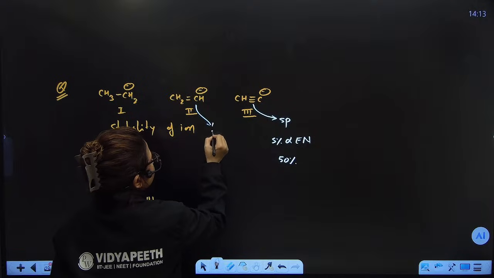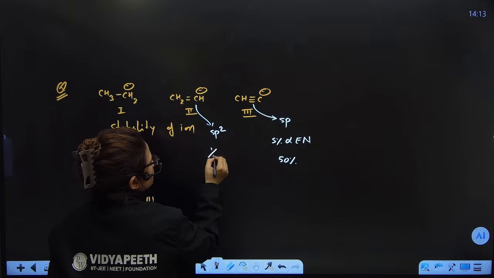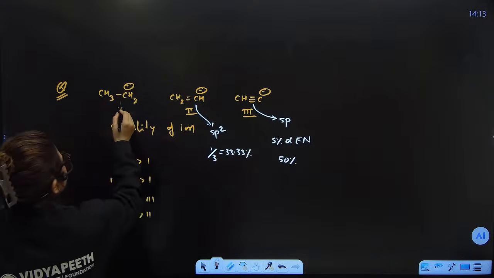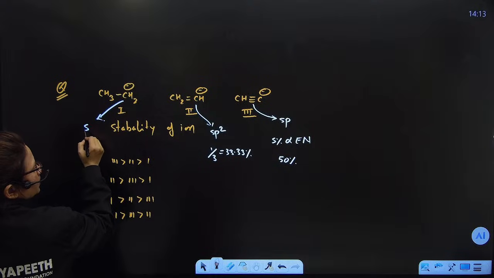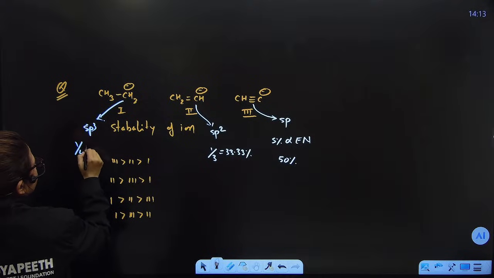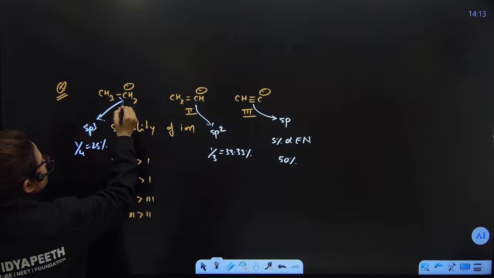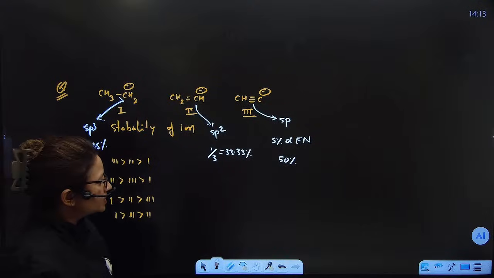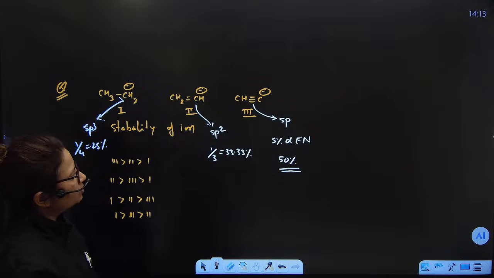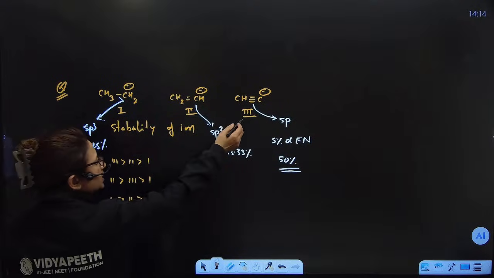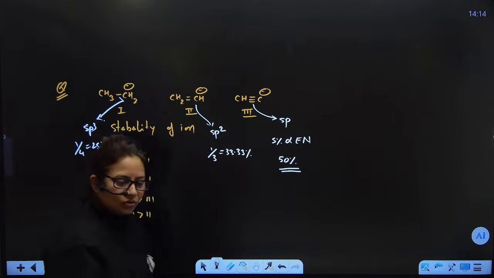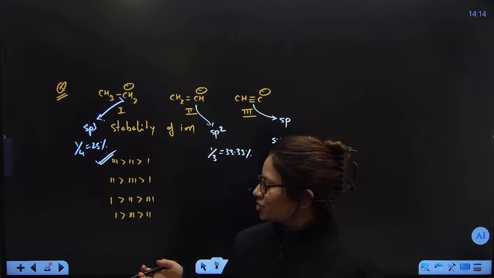This one is sp2, so the s percentage is 1 by 3, meaning 33.33 percent. And this is sp3, that is 1 by 4, meaning 25%. So the more electronegative character, the higher the withdrawing tendency, and the stability of the carbanion is also higher. So number 3 is on top, then 2, then 1. So we have the option 3, 2 and 1. Hope everybody got it. It's a very simple NCERT direct question.